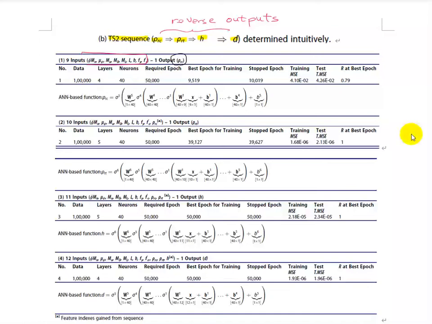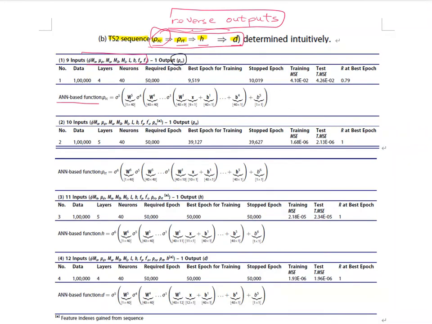Here we are reviewing the artificial neural network based functions. In this training we train reverse outputs, which are rho C, rho T, H and D in this sequence, starting with rho C here.